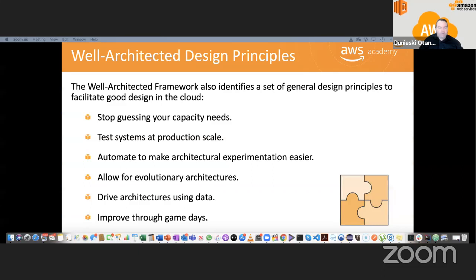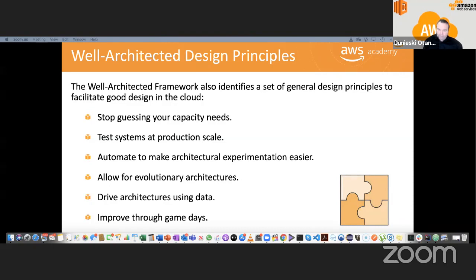What are the principles? The Well-Architected Framework also identifies a set of general design principles to facilitate good design in the cloud. For some, stop guessing your capacity needs. If you remember well, this is one of the six benefits of the cloud.